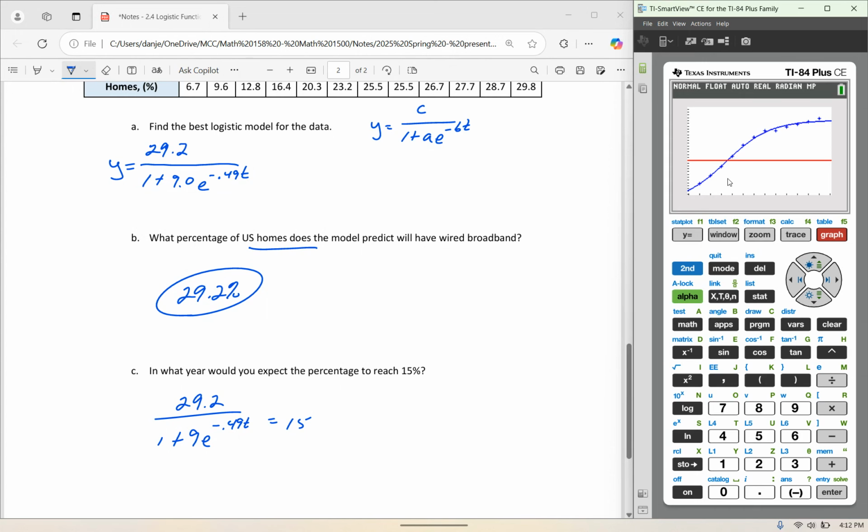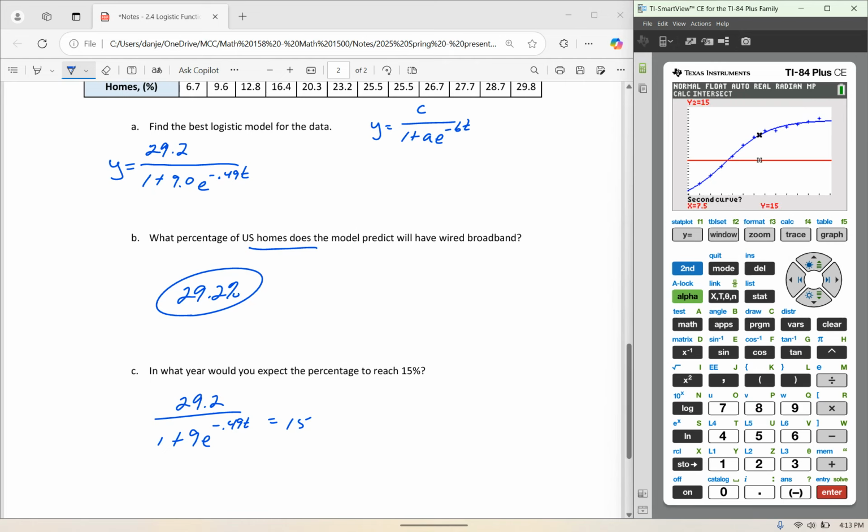And we see the graph. And this point right here is where the logistic function will equal 15. Go to second calc, number 5, intersect. The calculator will find that point of intersection. So notice y1 blue, is that blue function your first curve?